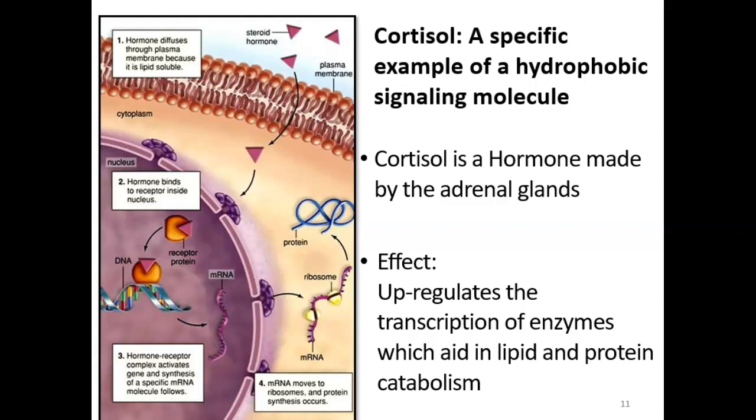Together, the receptor and cortisol bind to DNA. This promotes transcription of a gene that codes for an enzyme. The function of the enzyme is to catalyze lipid and protein breakdown. Now the cell can perform this function and use lipids or proteins for ATP production.